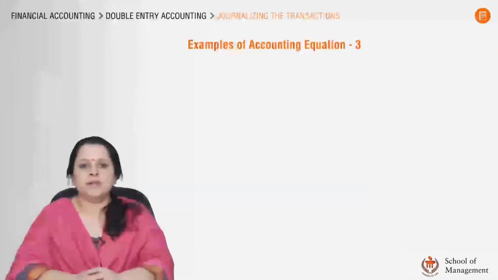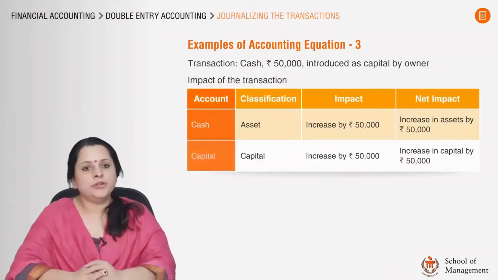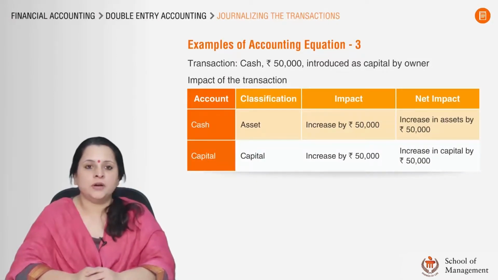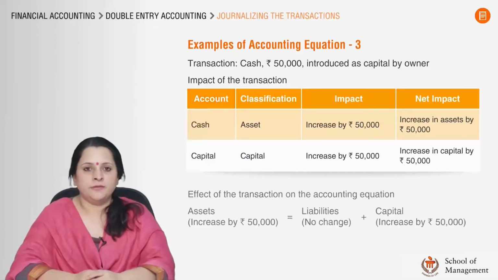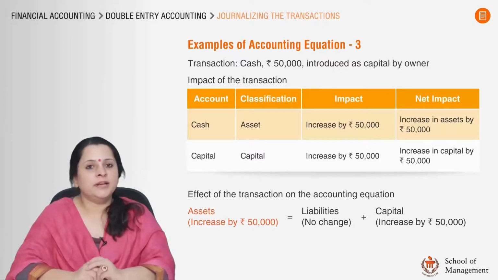The third example is cash introduced by owner to the tune of rupees 50,000. Here both cash account and capital account would increase on account of the additional capital brought into the business. Therefore, on the left side of the accounting equation, asset will increase by rupees 50,000 indicating increase in cash.